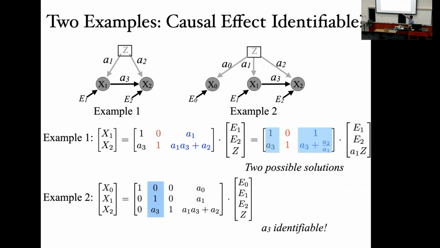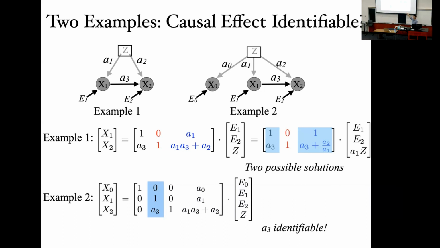Now you can see why in the previous case it's not unique, because E1 and E2 have the same support. Both of them influence X1 and X2. That's why I cannot distinguish between them. But if they have different support, as you can see from here, the solution will be unique.